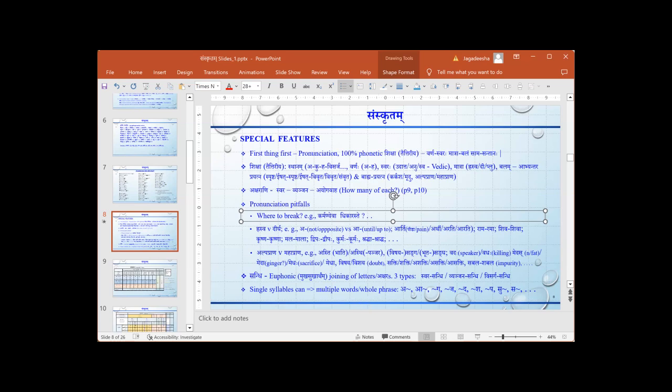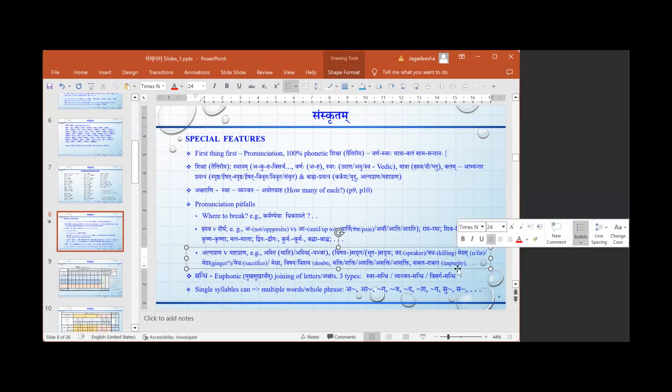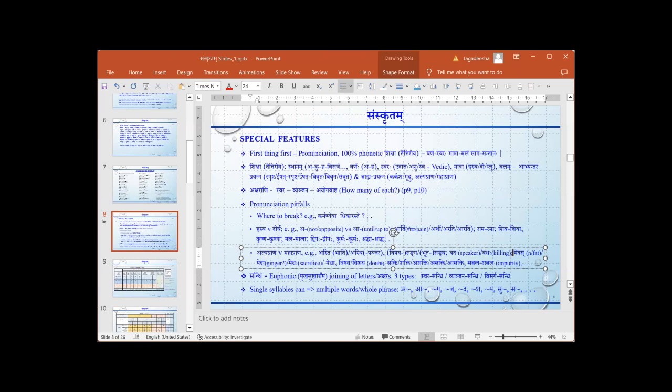Another pair, or one, two, three, four words which sound similar. Medas, with Alpa Prana da, Medas is the Sanskrit word for fat, which is napumsakalinga. A similar sounding word, there is Meda, which is a root vegetable.